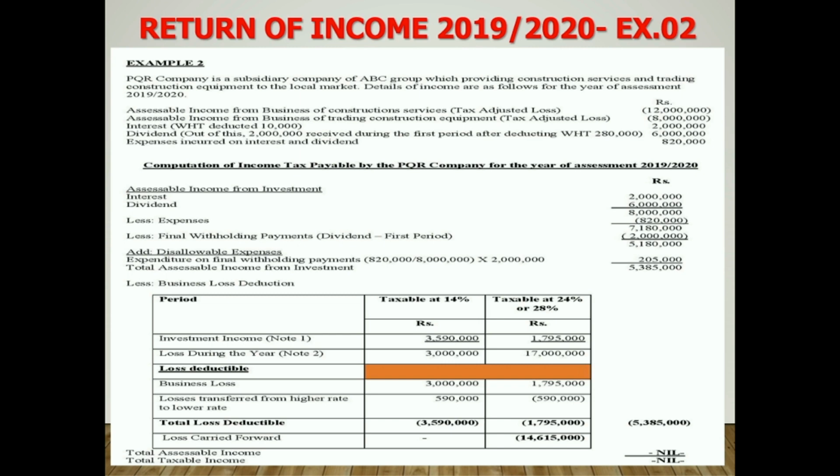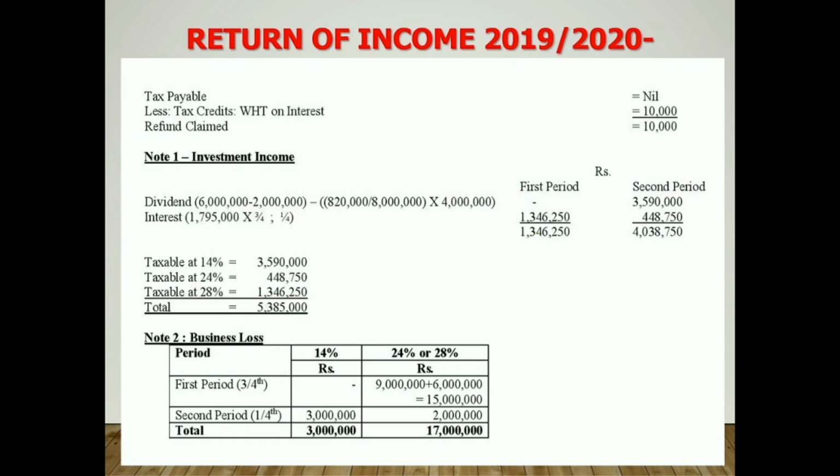For that purpose, first I split the investment income into two parts, as taxable at 14% rate and as taxable at the normal rate. For this purpose, normal rate means 24% and 28%. So I have done it in a note in this way. Dividend during the first period we have removed as a final withholding payment.